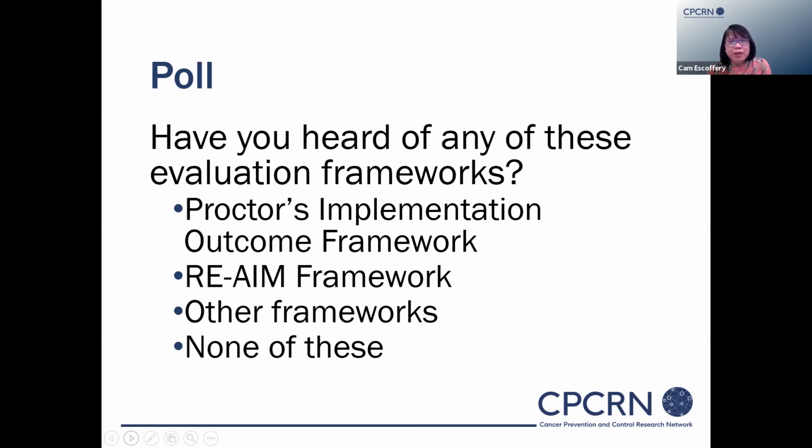So our next poll question is, have you heard of either one or both of these frameworks or none of them? Give you a moment. So we see that RE-AIM is winning out. I'm going to give you another few seconds. We're almost a third way there.